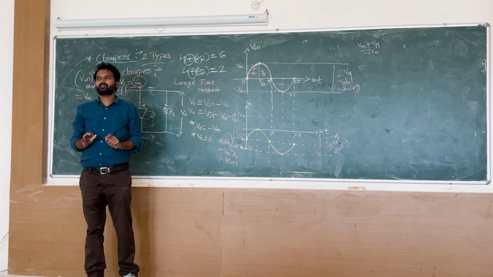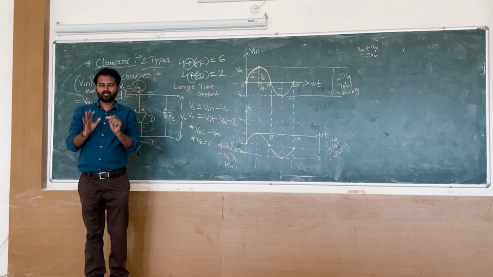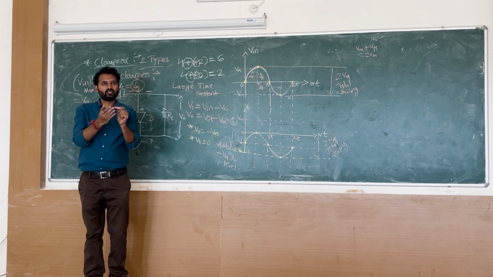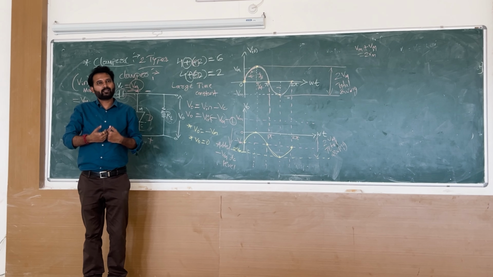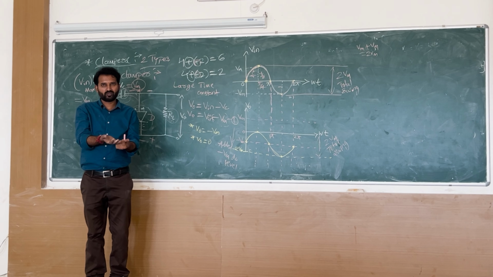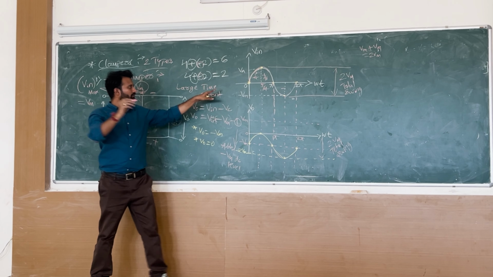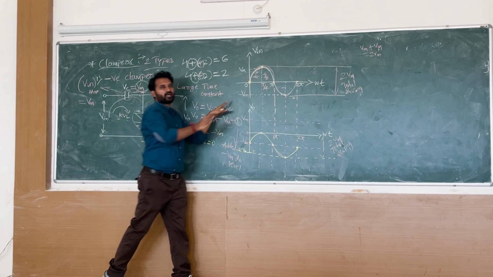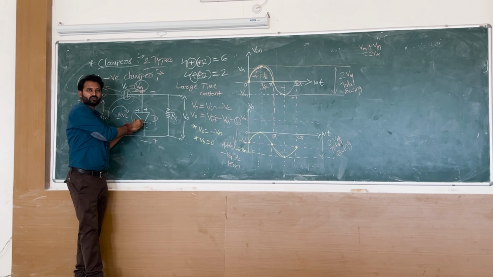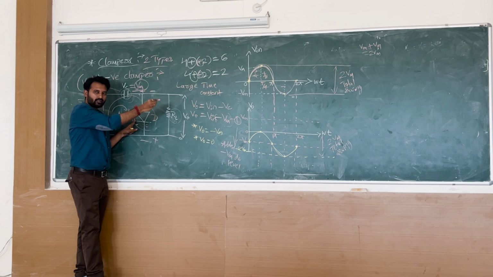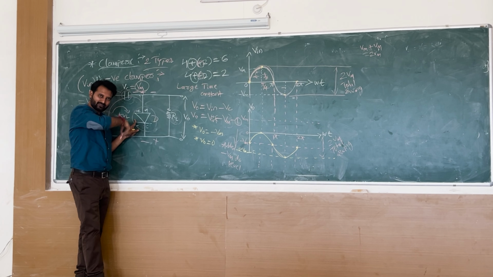Understandable? Clear? As simple as it is. Keep in mind, a capacitor will store certain information. It may be any kind of information. Here it is voltage. It charges when the diode is under forward bias. When the diode undergoes reverse bias, it discharges.